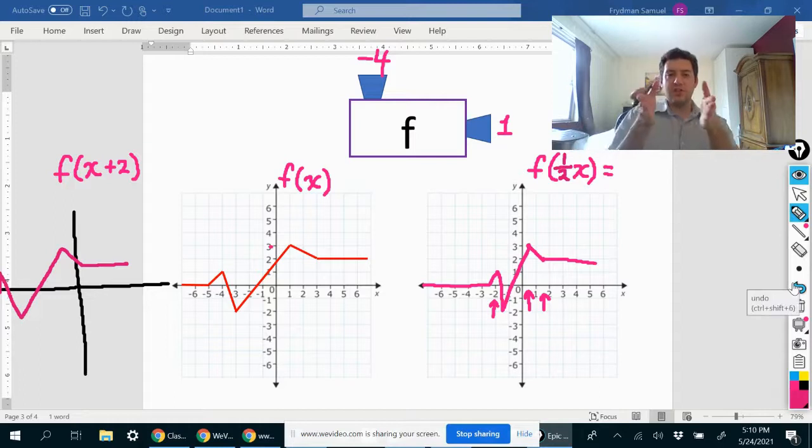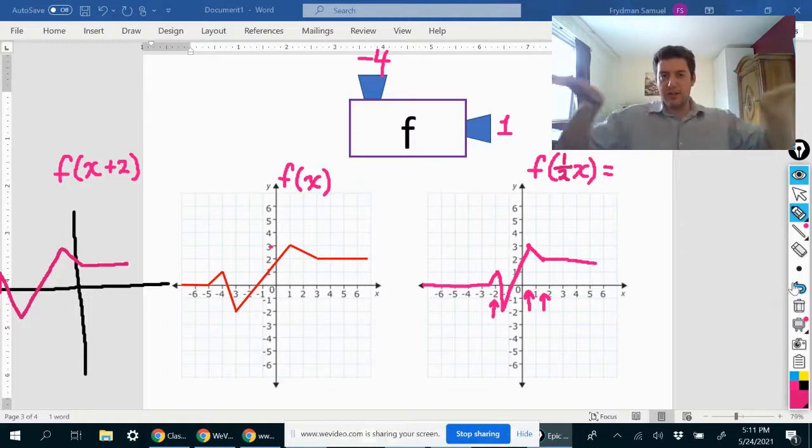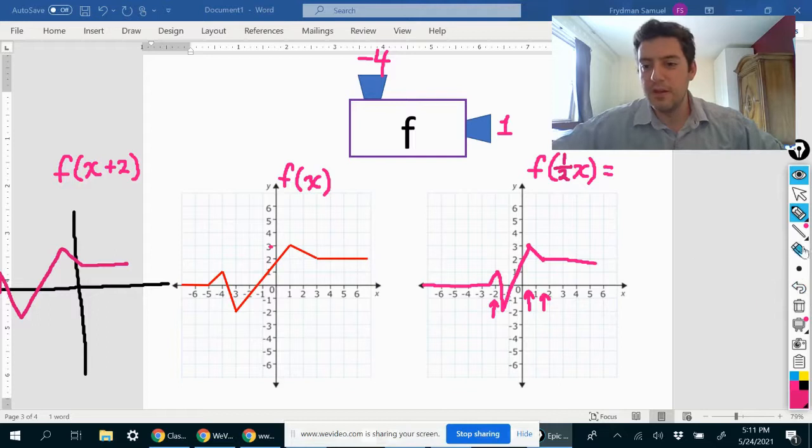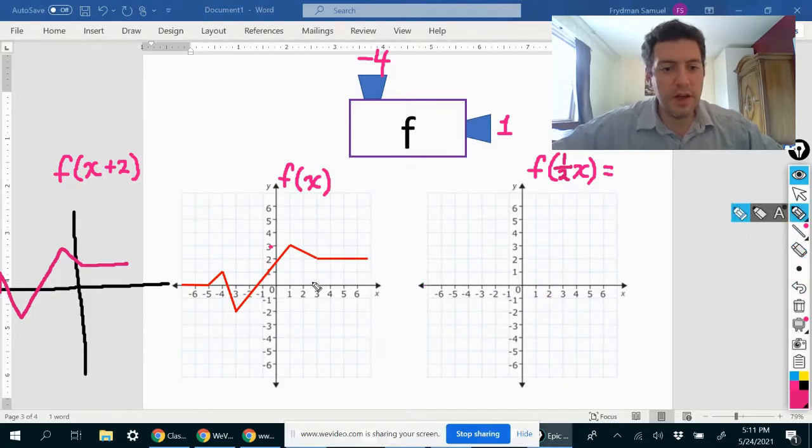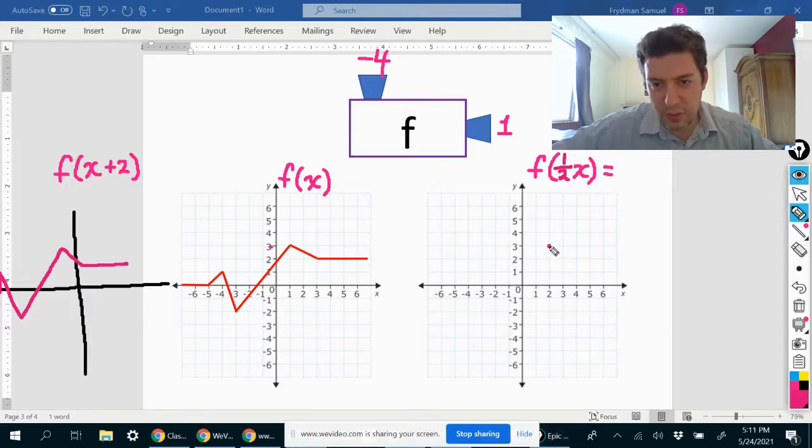What that's going to do to the graph is stretch everything out horizontally along the x direction. So let's see. Here, instead of reaching that high point at 1, this guy's going half as fast. He's going to reach that point at 2.